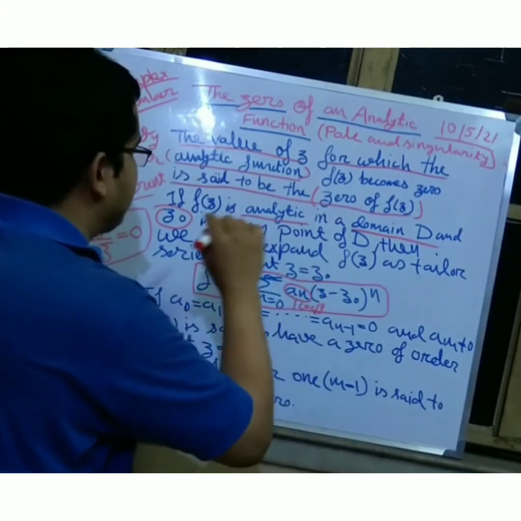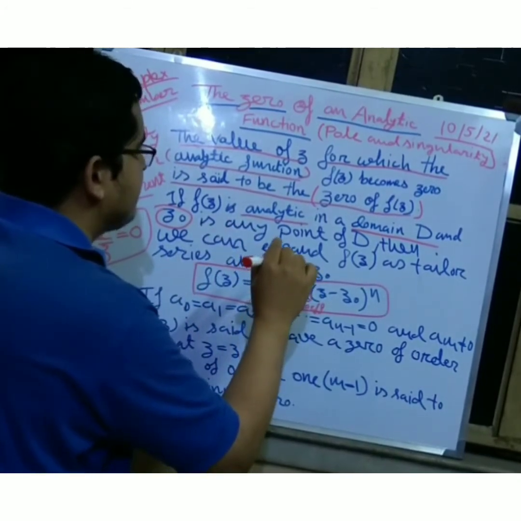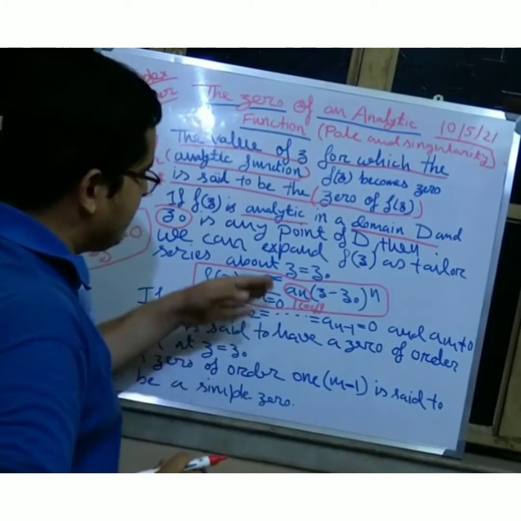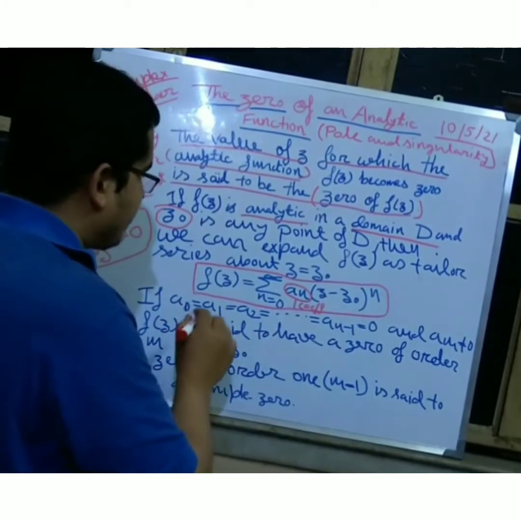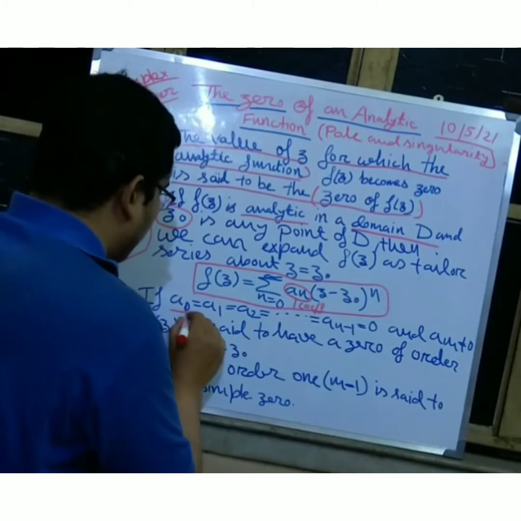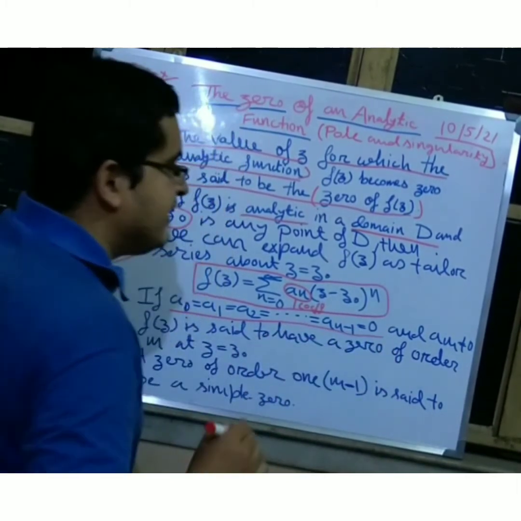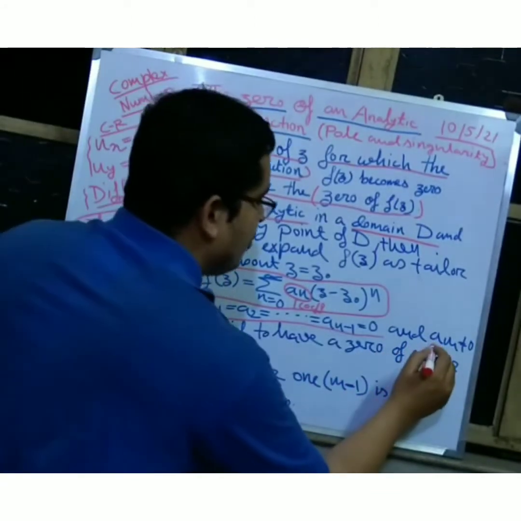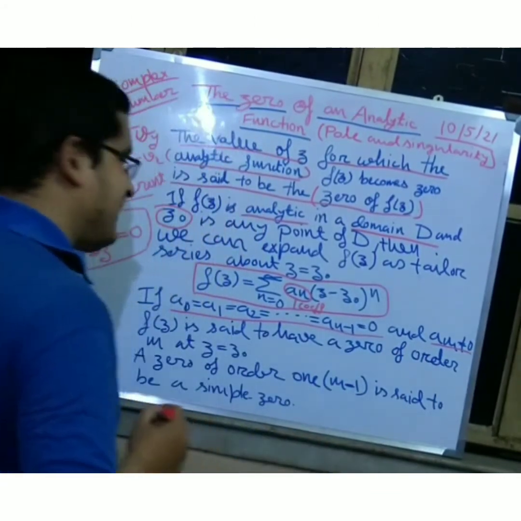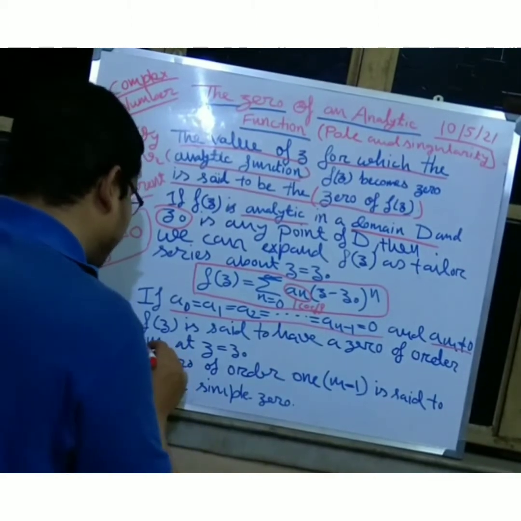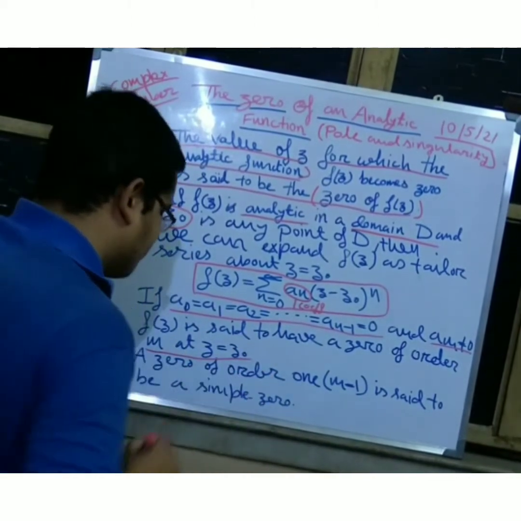When it follows the Taylor series, a0 equals a1 equals a2 equals ... equals a_(m minus 1) equals 0, and a_m does not equal 0.